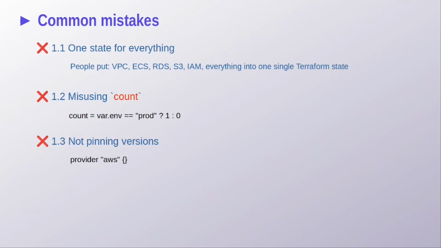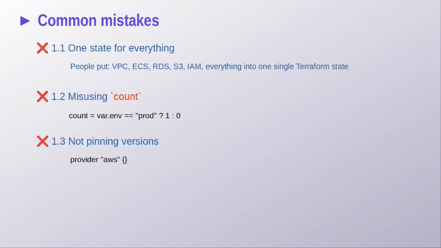One bad apply affects the entire system. Correct approach: split your Terraform by responsibility. For example, network, compute, data, security, and also split by dev, staging, and prod. Golden rule: one Terraform state should have one clear responsibility.